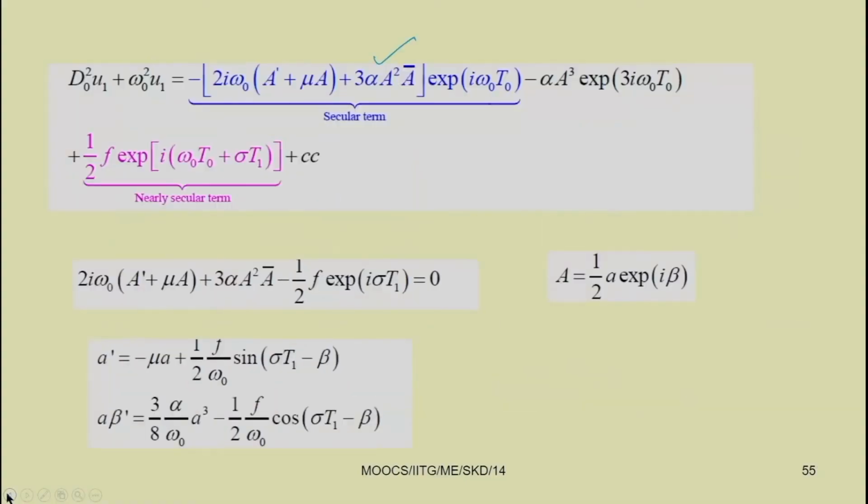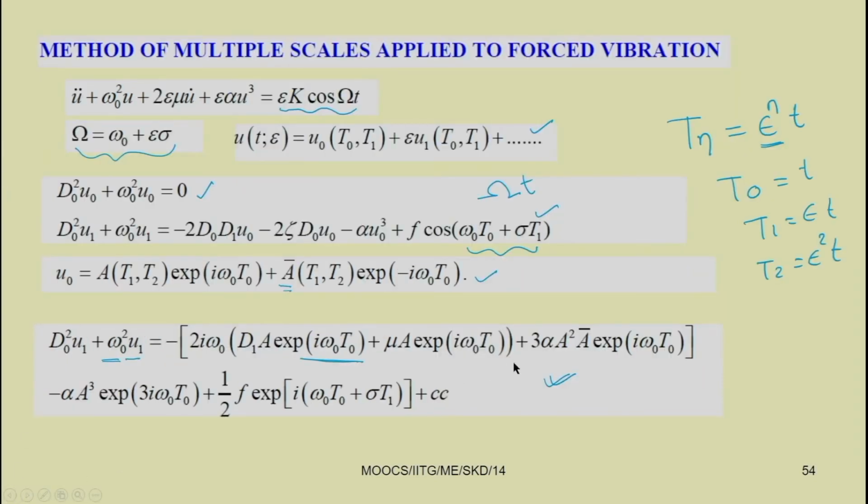Now, by eliminating the secular term, you can get this condition, that is 2 i omega 0 a dash plus mu a, where a dash is nothing but dA by dT1, plus 3 alpha a square a bar minus half f e to the power i sigma T1 equal to 0. You may note that in the original equation the forcing has a cos term.